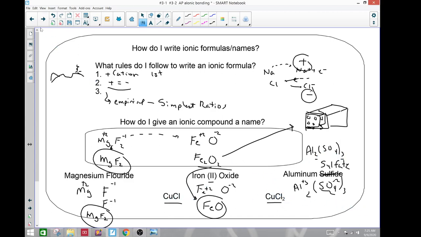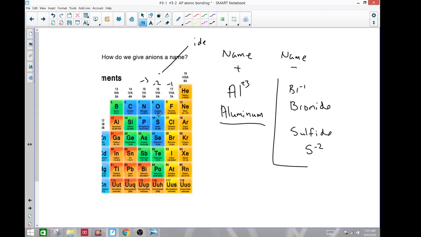I'm going to give myself a little bit of room here. This last page I had some room. So here we go. I got CuCl2, CuCl. If I just give the name of the cation, and the name of the anion, I would have copper chloride.